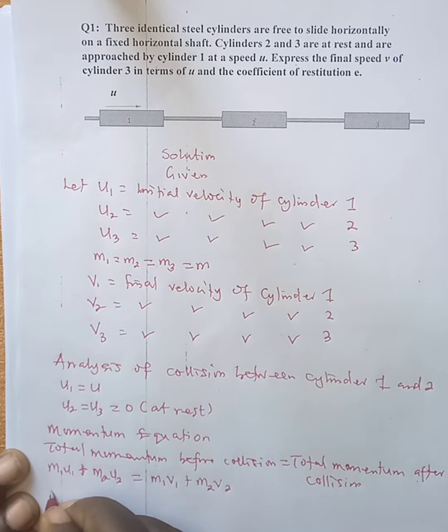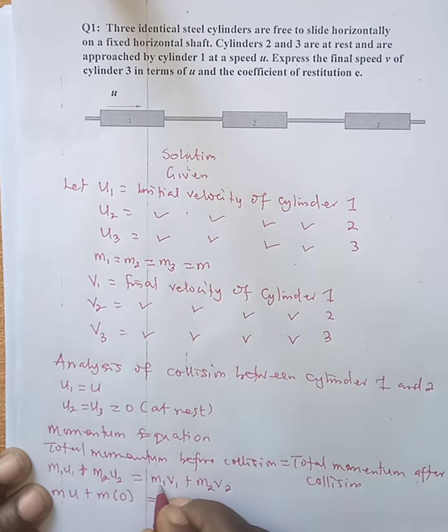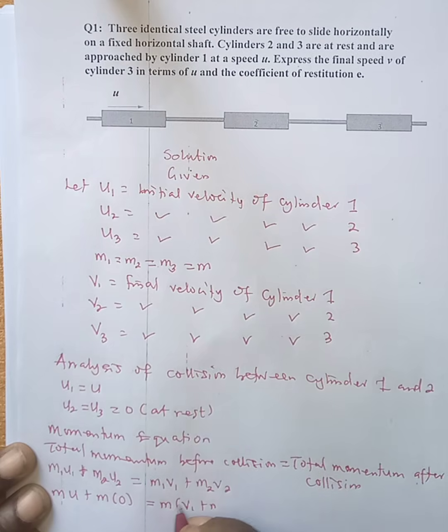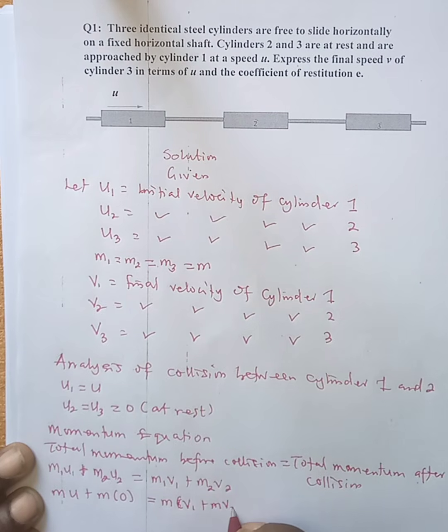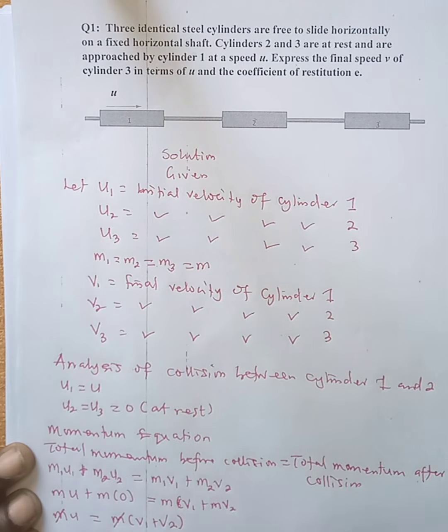Then we have m1 is equal to m, u1 is equal to u, plus m2 is equal to m, and u2 is equal to 0, is equal to m v1 plus m v2. Then m is common, into v1 plus v2. This cancels this, we have u is equal to v1 plus v2. We call this one equation 1.